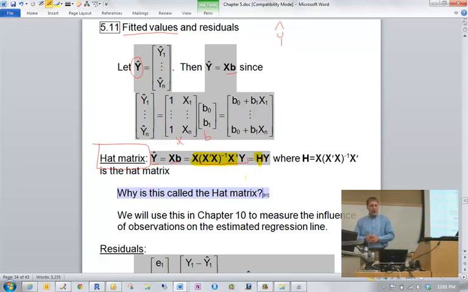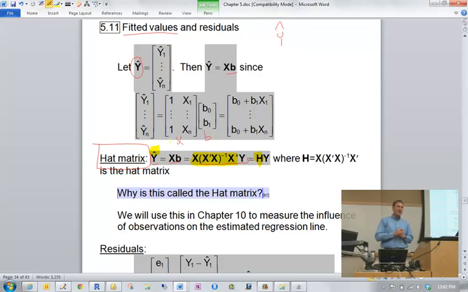Does anyone know why it's called a hat matrix? Why is it called a hat matrix?